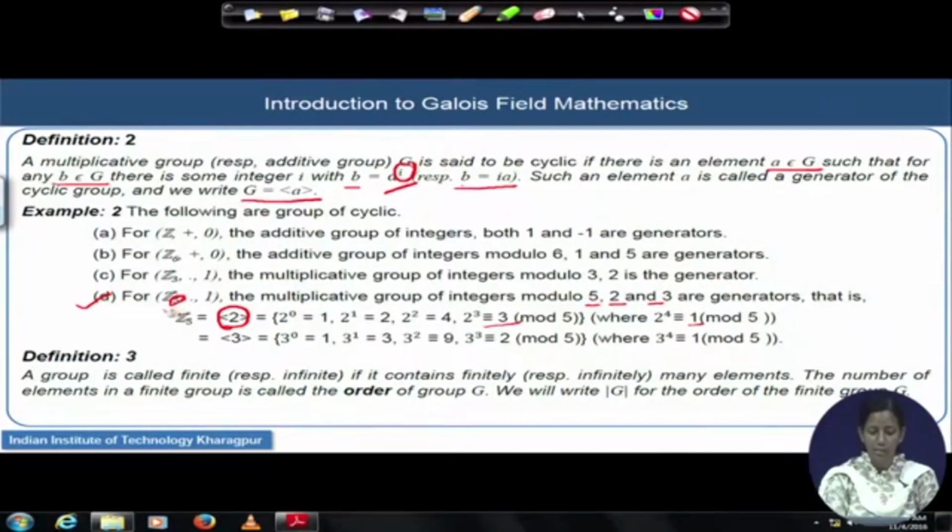So, definitely it is a cyclic group with respect to the generator 2. Similar stuff holds good for the element 3.